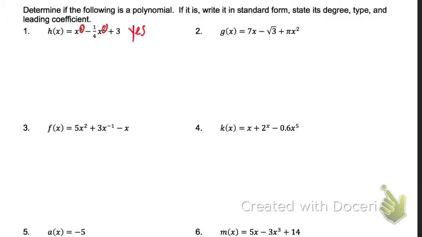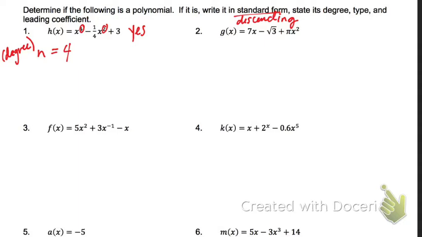Do I need to change the order of anything to put it in standard form? Because standard just means descending. Nope, we're good. And so I'm going to state two things. I want to state the highest degree, which I'm going to denote as n. So what's my highest exponent? 4.